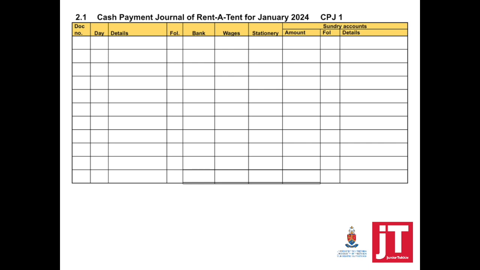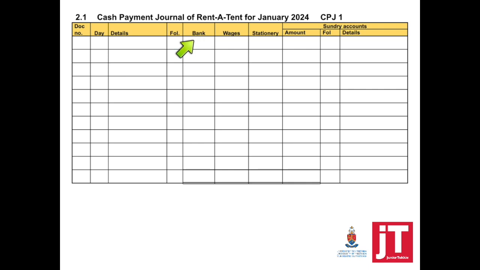We have to write the name of whoever we made the payment to. If there's no name, for example, if money was withdrawn from the ATM, that will be cash. If we paid our weekly wages, that will be cash. But we'll get into that a little bit later when we start the activity. Then we've got folio, but folio we'll get to at a later stage.